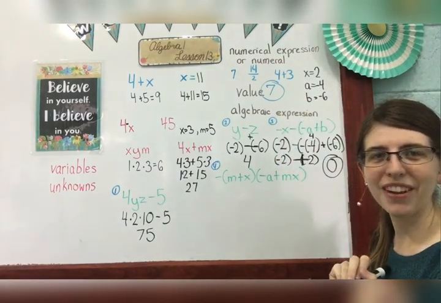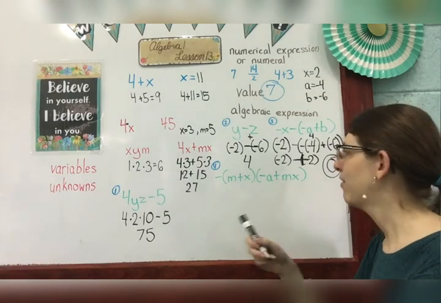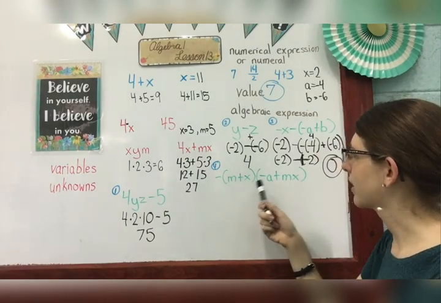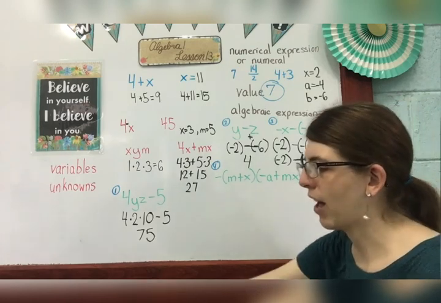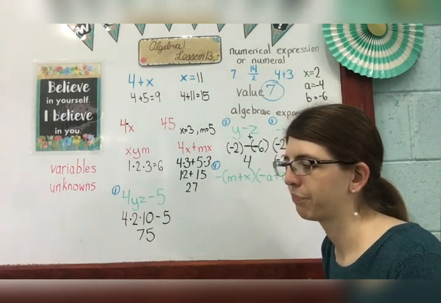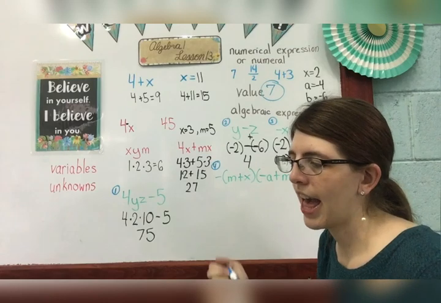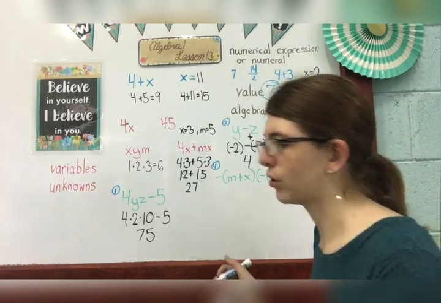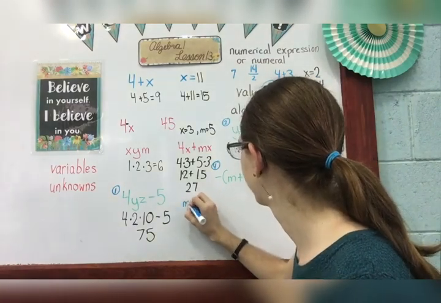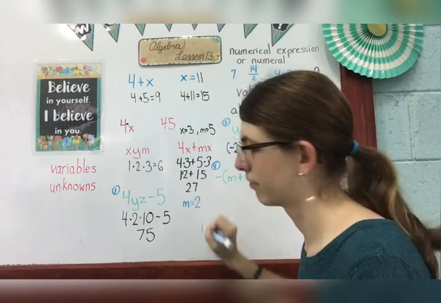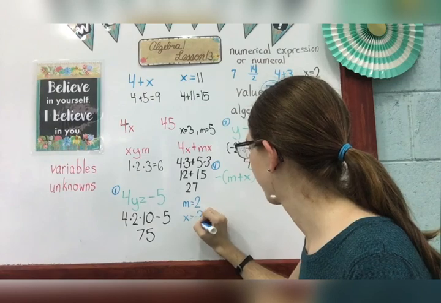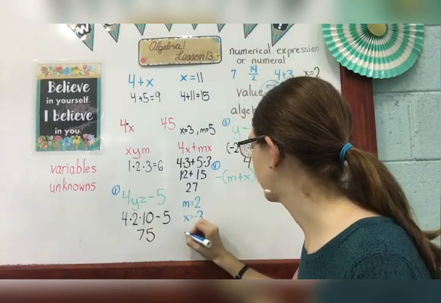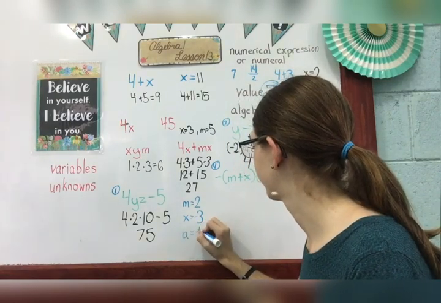Okay. Next I have negative n plus x minus a plus mx. So I'm going to write down their values over here. m is equal to 2. X is equal to negative 3. And a is equal to negative 4.